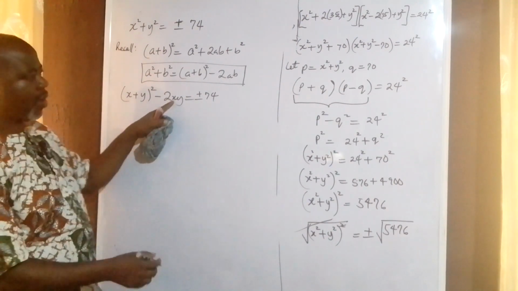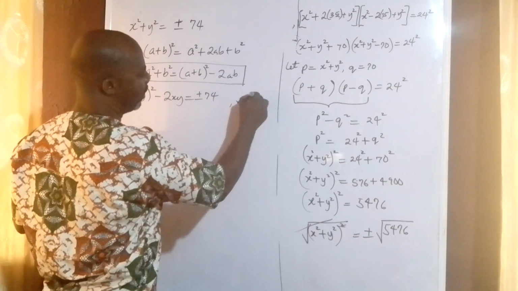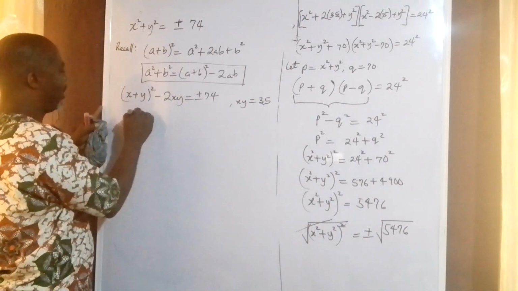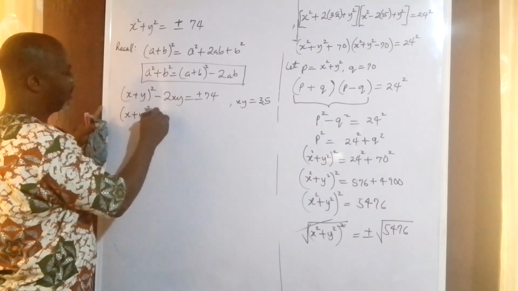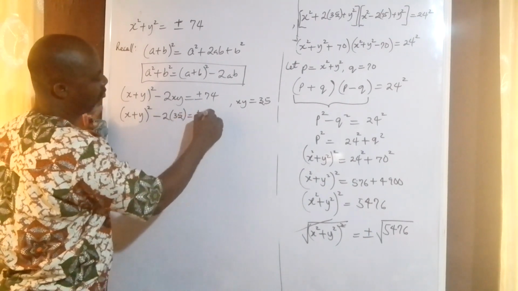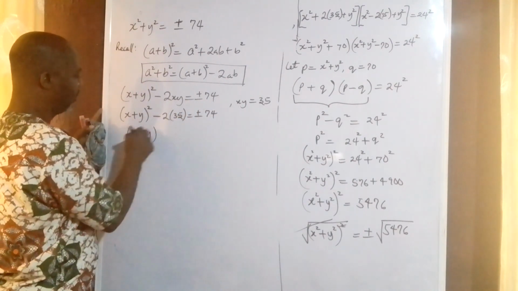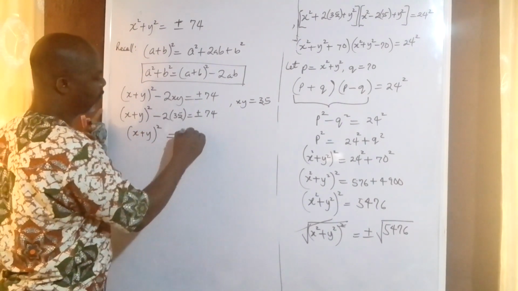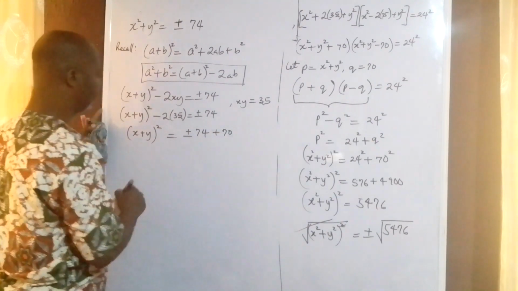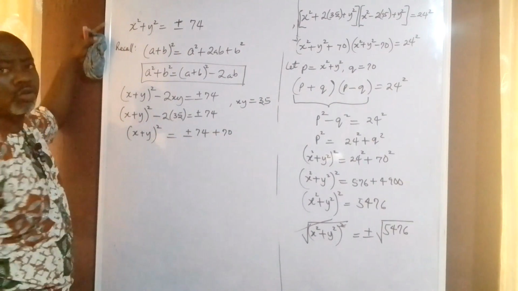Don't forget that xy in our original version is 35. So I'm going to put that here. x plus y all squared minus 2 times 35 equal to plus or minus 74. So we have x plus y all squared equal to plus or minus 74 plus 70. There will be two solutions.